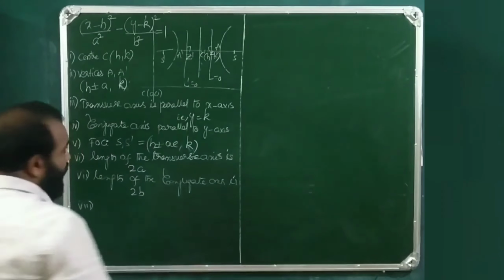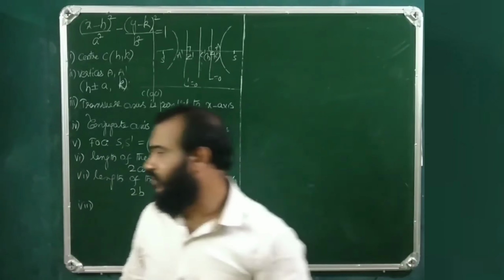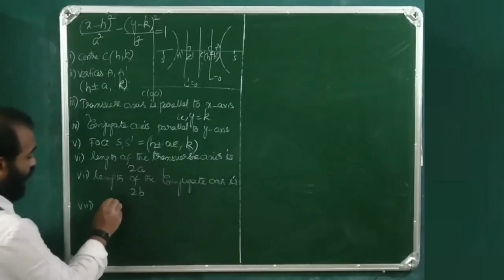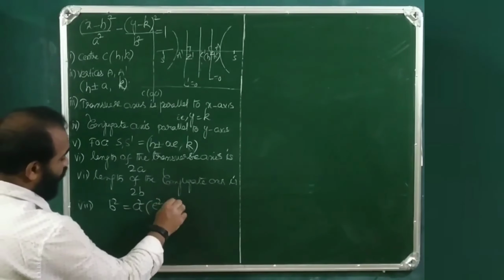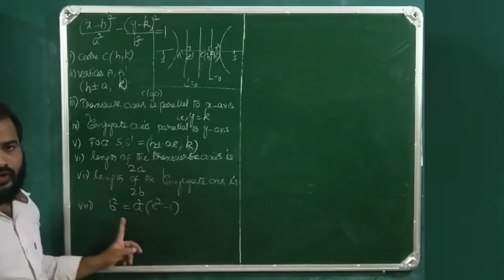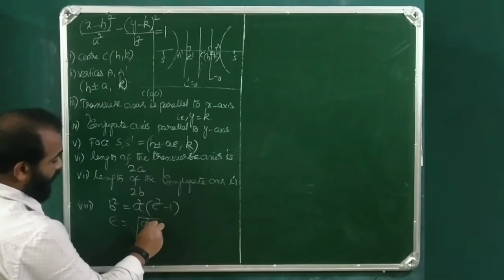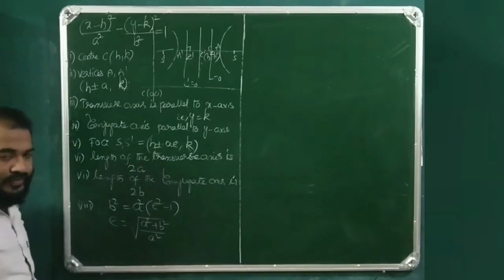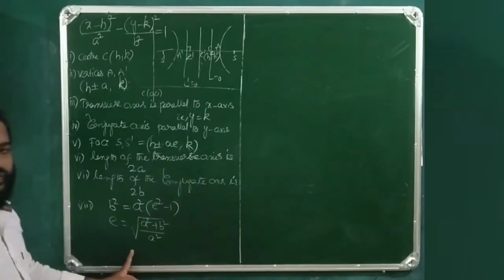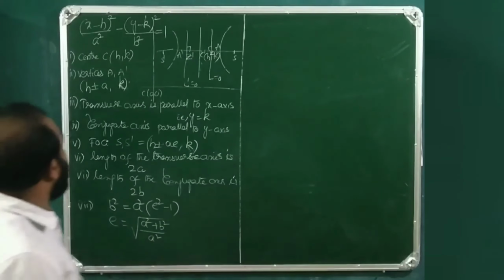And what is the relation between a, b and e? So b square is equals to a square into e square minus 1. This is also not going to be changed. Here also e is equals to square root of a square plus b square by a square. In ellipse it is a square minus b square by a square, but in hyperbola it is a square plus b square by a square.